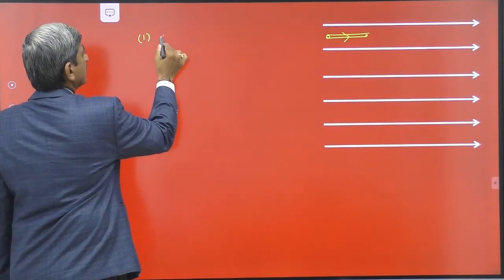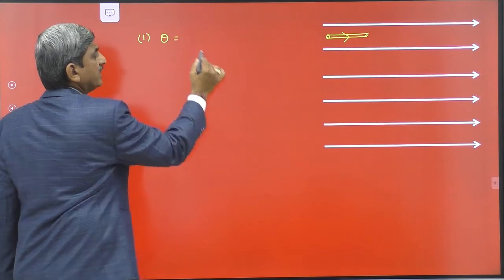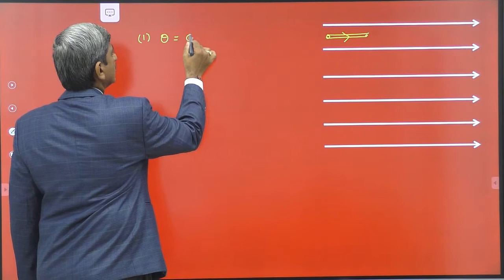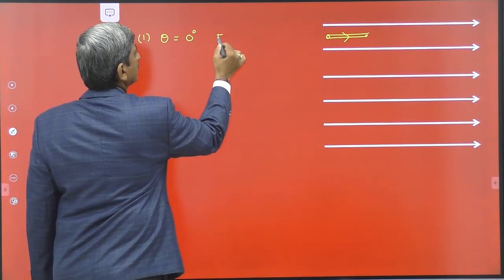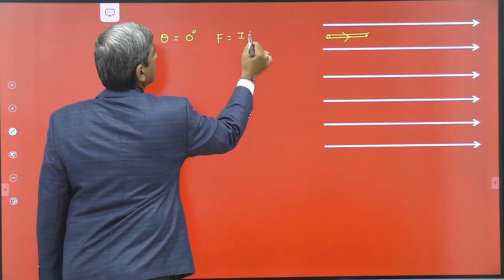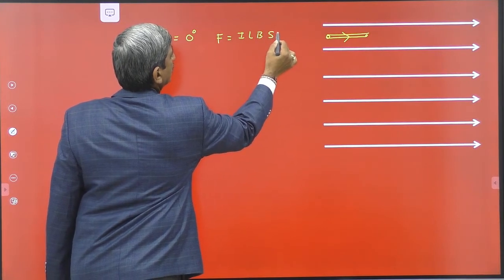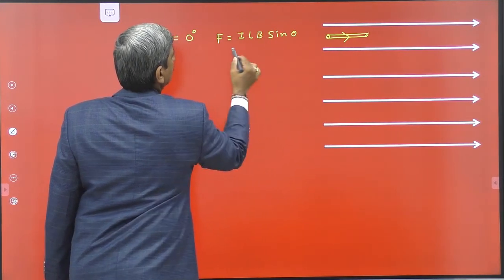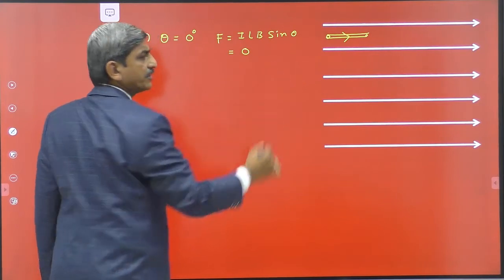In that case, the angle between the length vector and the magnetic field, theta, is equal to 0, then the force F = ILB sin theta is equal to 0. Why? Because sin 0 is equal to 0.